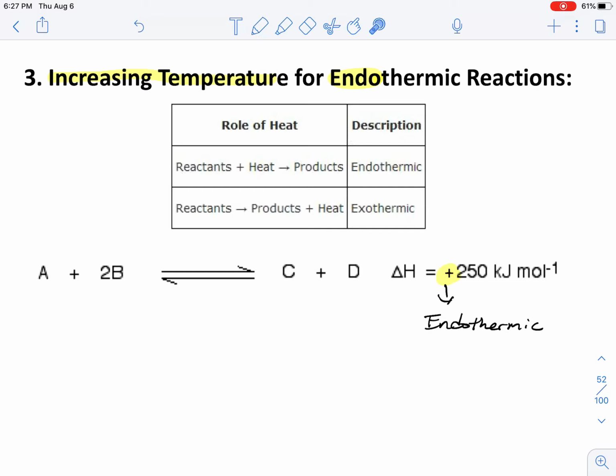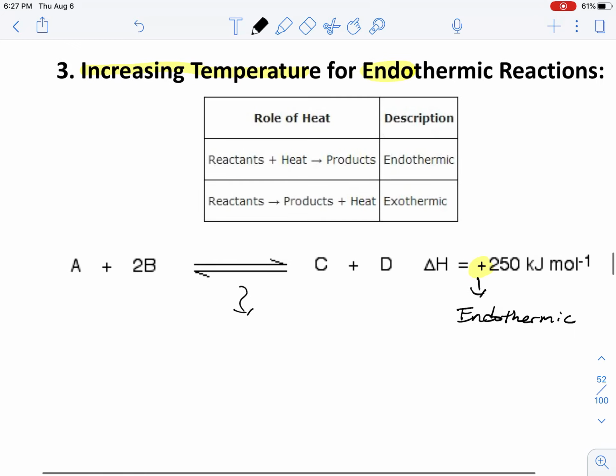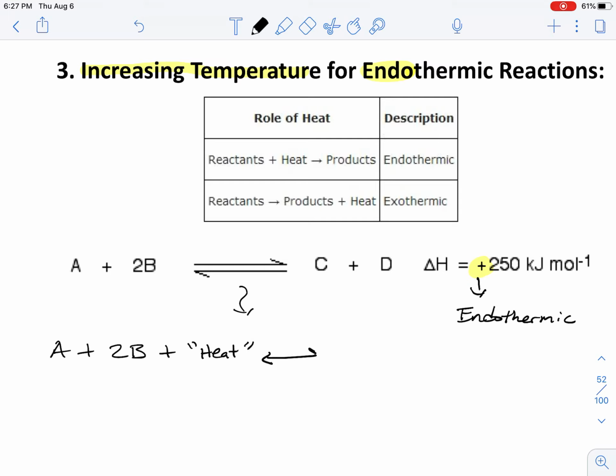Looking at this chart for endothermic reactions, heat goes on the side of the reactants, so we're treating heat as if it was a reactant. So A plus 2B plus heat is in equilibrium with C and D, which are the products.